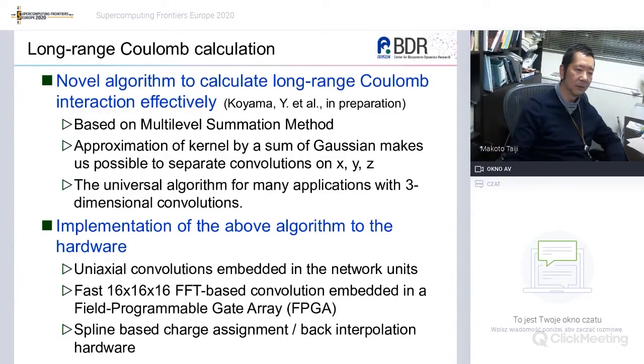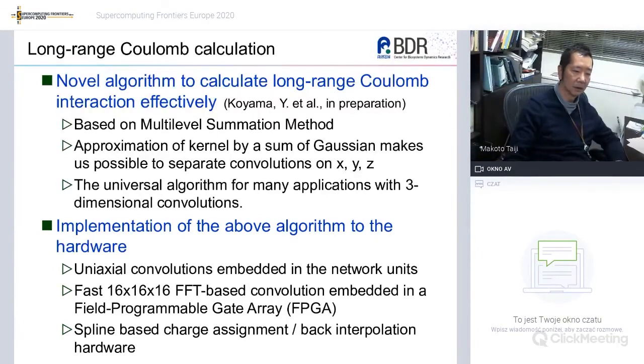It is based on a multi-level summation method, but we improved the approach, and we can do the convolution by separate convolutions on different axes, X, Y, Z. So our algorithm can apply not only to molecular dynamics, but also to other applications with three-dimensional convolutions. And we implemented this algorithm in hardware.